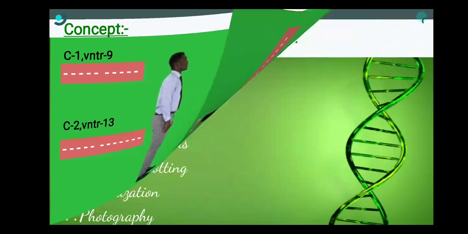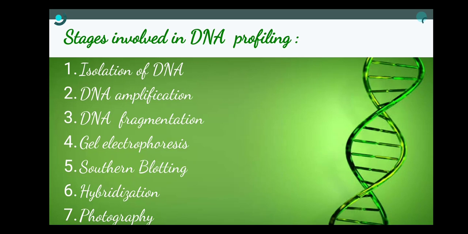Now let's talk about the stages involved in DNA profiling. Okay, so the first step of DNA profiling is isolation of DNA. Then DNA amplification. As we know, the samples are generally very small in amount, so for that purpose we have to amplify the DNA by means of PCR, polymerase chain reaction.